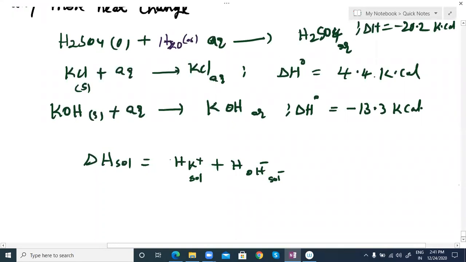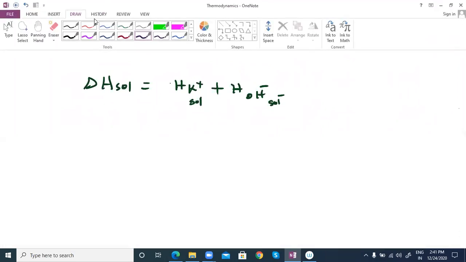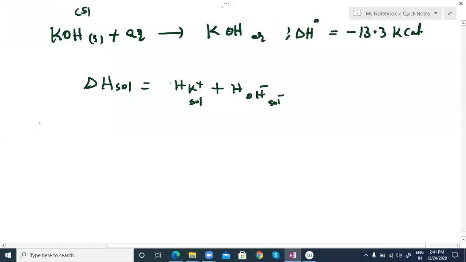Fine. Now, enthalpy of hydration, I have given the definition also, I think you know that. Enthalpy of hydration; solution is the total surfaces. Hydration means individual ions or molecules. So I am trying to give this as enthalpy of hydration.